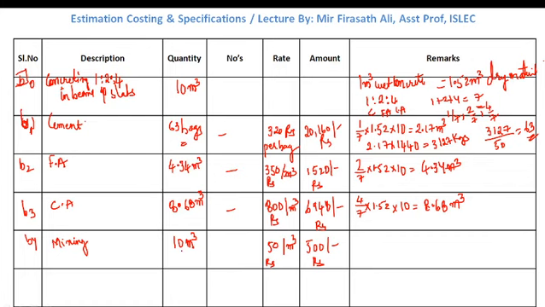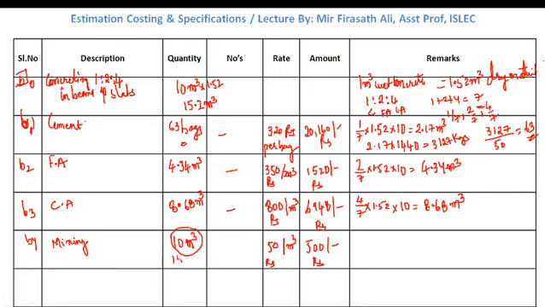There is a small correction over here. This is not 10 meter cube. This is the volume of wet concrete. Volume of dry concrete is how much? If we multiply it with 1.52, it will be 15.2 meter cube.